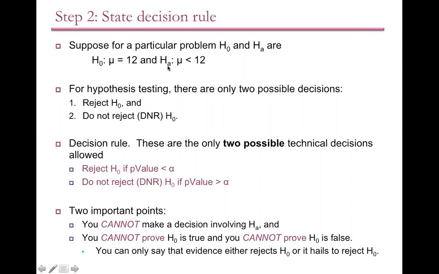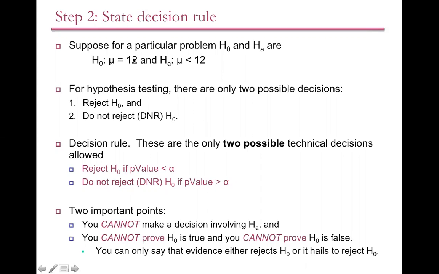The other point is you cannot prove H naught is true and you cannot prove H naught is false. My data will only suggest that it's true or suggest that it's false. A quick example is that if you think of yourself in a court of law, you are the defendant, say, H naught is you are not guilty.